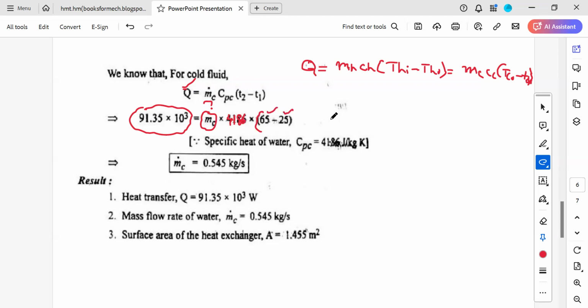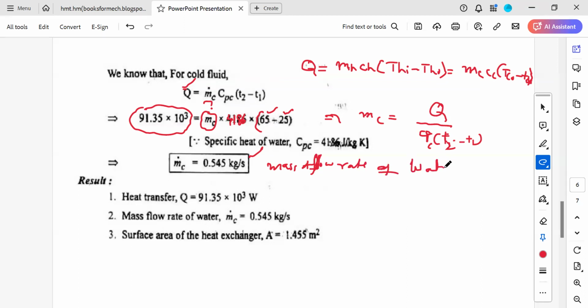Substituting, MC equals Q divided by Cp into the temperature difference, which gives 0.545 kg per second. This is the mass flow rate of water, the cold fluid.